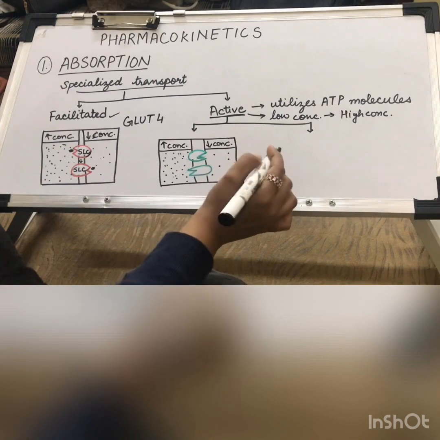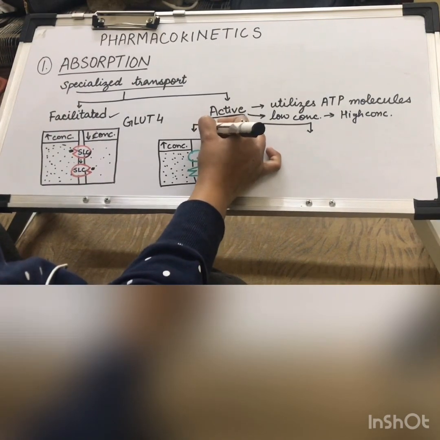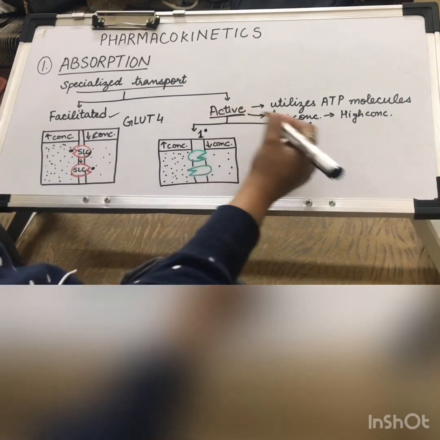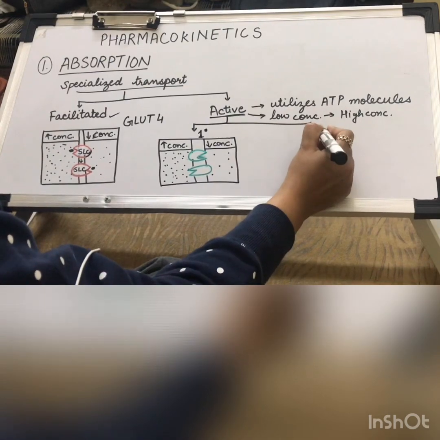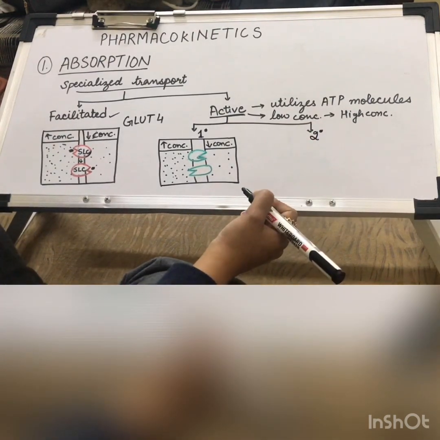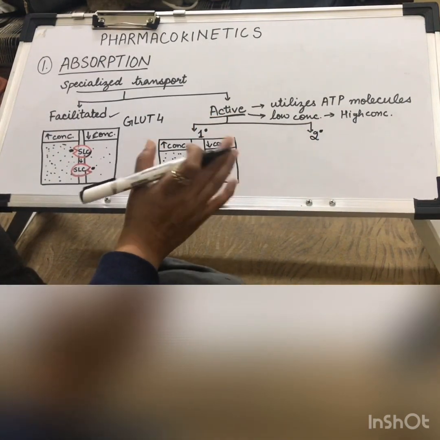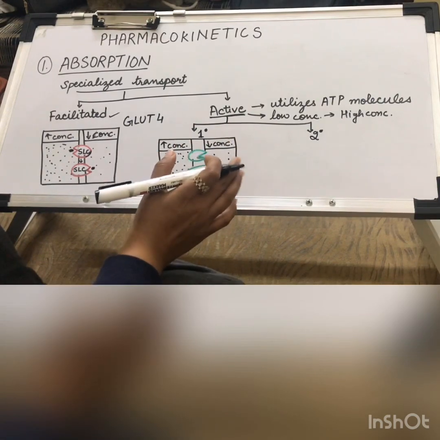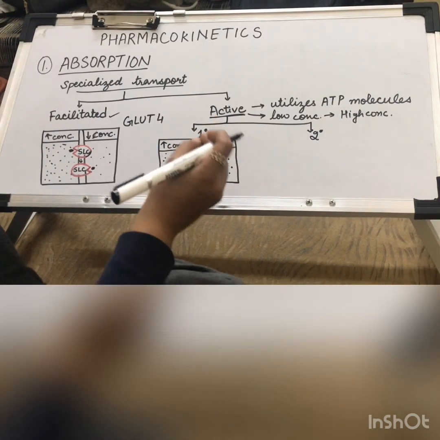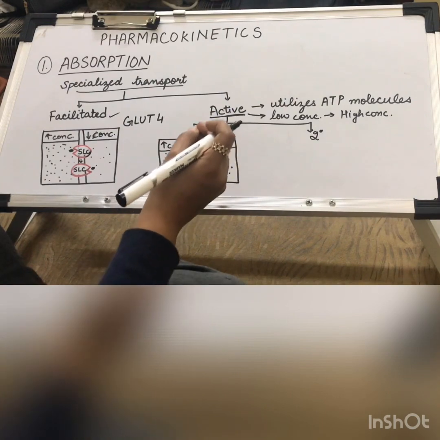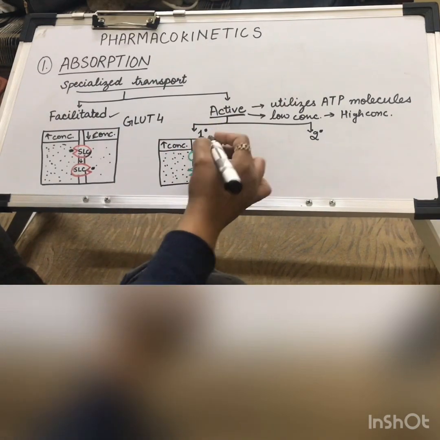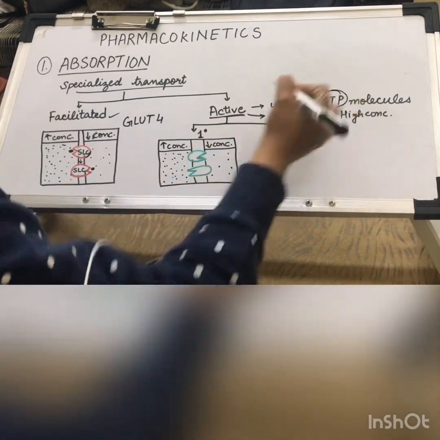Active transport is of two types. First is the primary active transport, and second is the secondary active transport. What is happening in the primary active transport? The energy for the transport of the molecules is derived from ATP molecules.